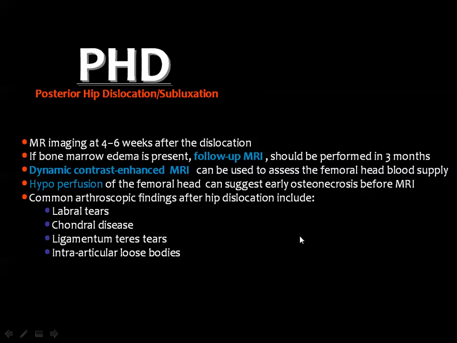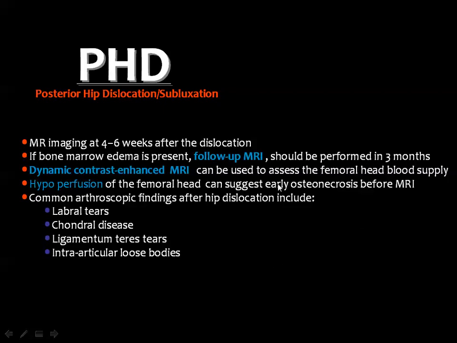Also, you can use dynamic contrast enhanced MRI to assess the vascularity and the blood supply of the femoral head. If you see hypoperfusion of the femoral head, this is considered one of the early signs of avascular necrosis.